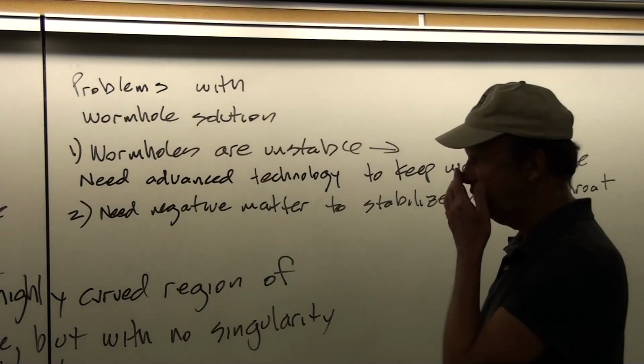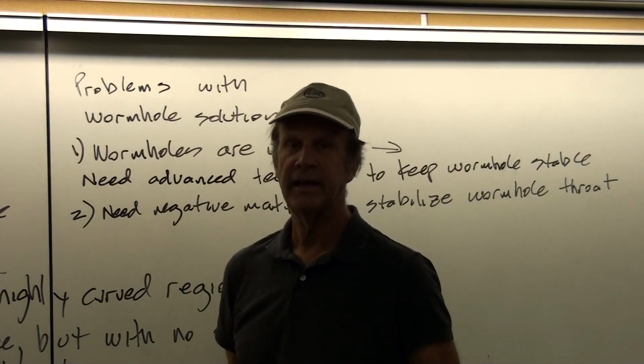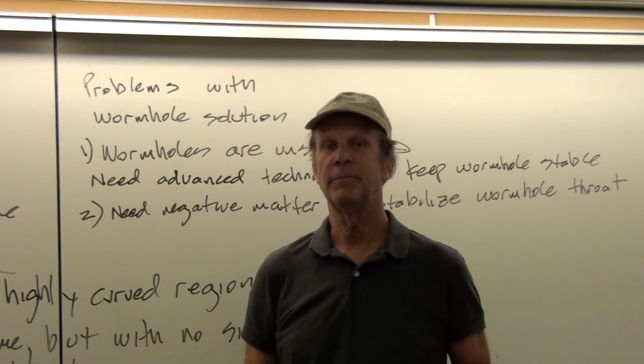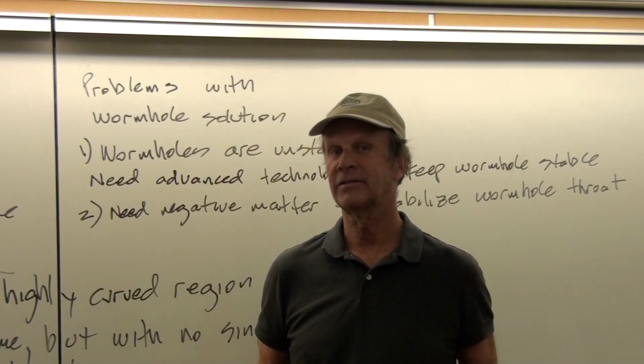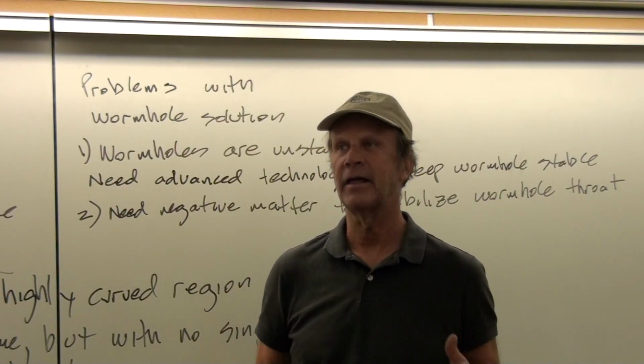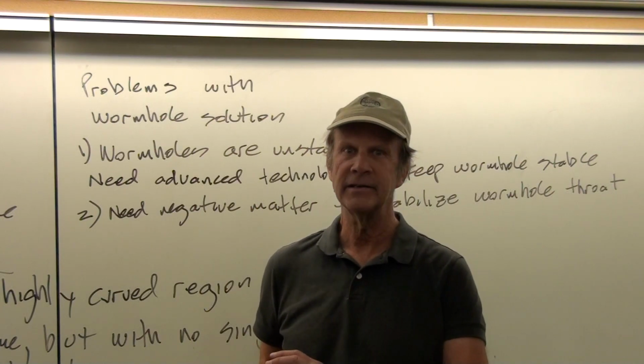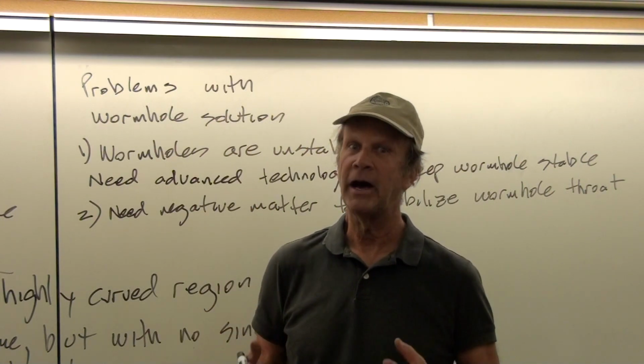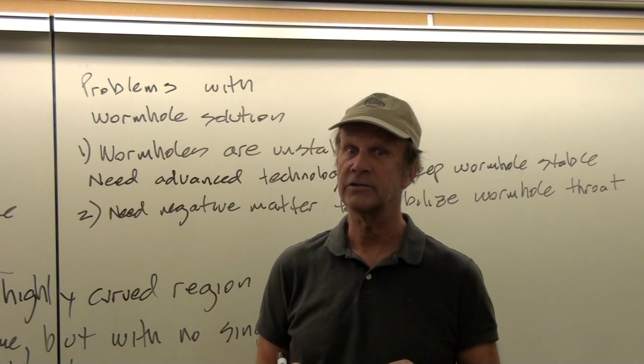And the amount that you would need might be, say, the mass of Jupiter, but anti-gravity mass. Okay, so I'm not talking about antimatter like protons and antiprotons, because that has positive matter. That still attracts with gravity.